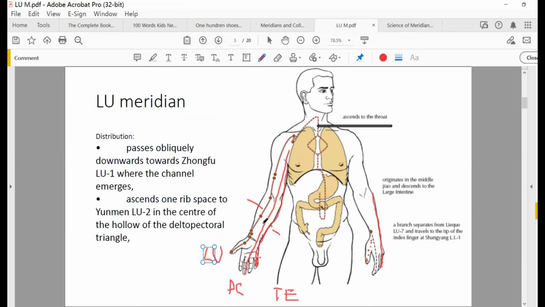In the middle, that's PC. And the posterior, that's heart. Okay, that's the yin part.